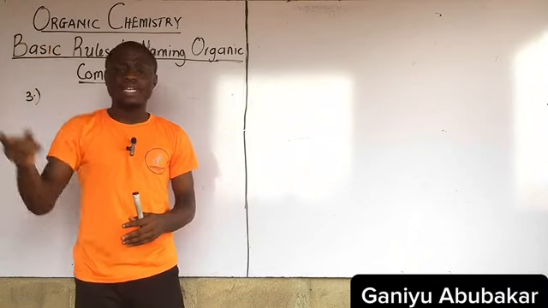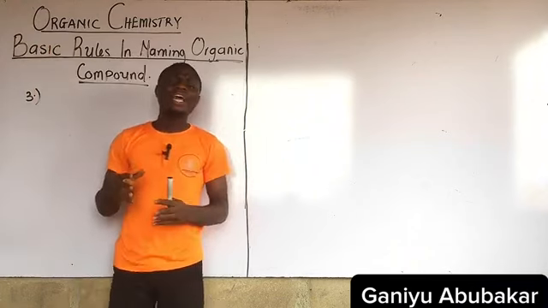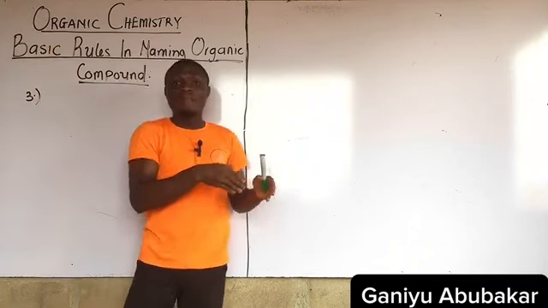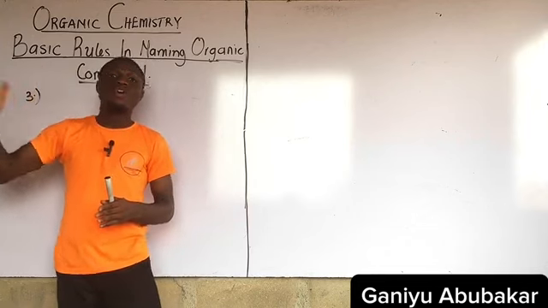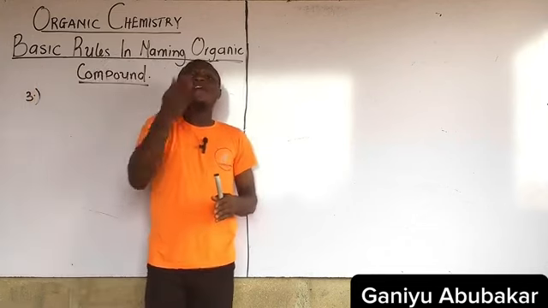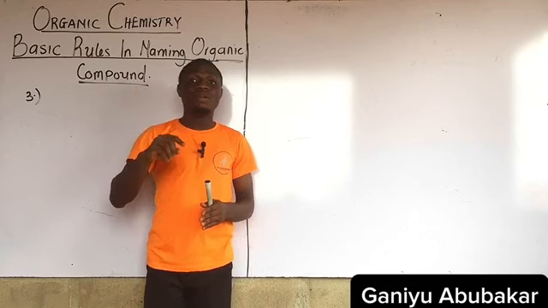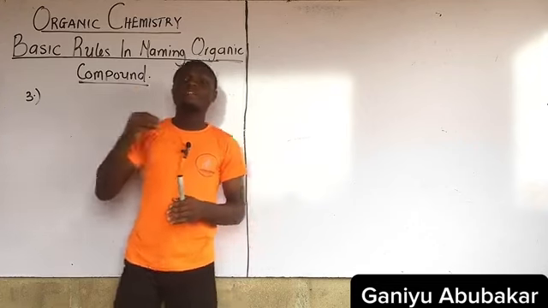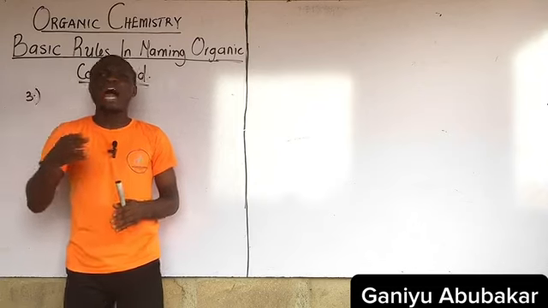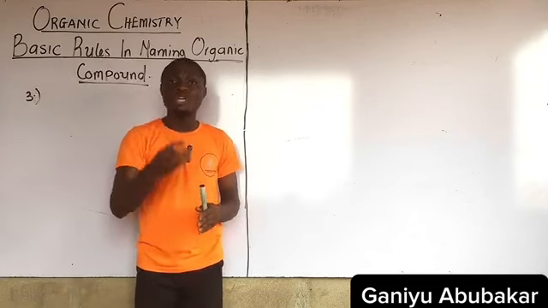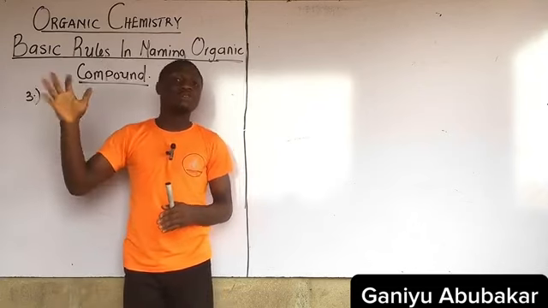So rule 3 explains the concept behind the substituent. What is a substituent? A substituent is simply an organic group or inorganic group. By organic, I mean ethyl, methyl, propyl, butyl, etc. And by inorganic, I mean the halogens like bromine, chlorine, fluorine, iodine.